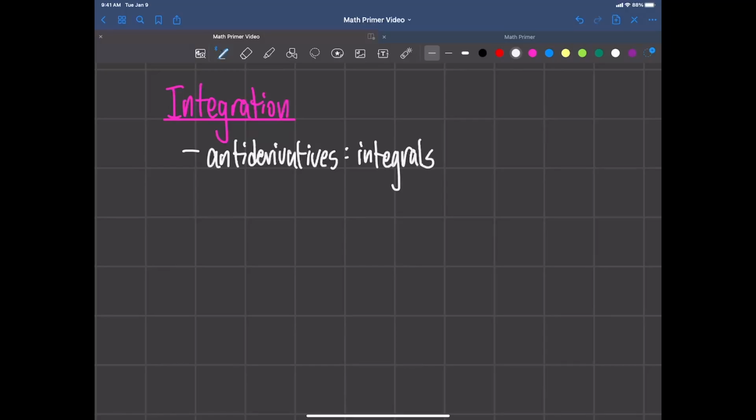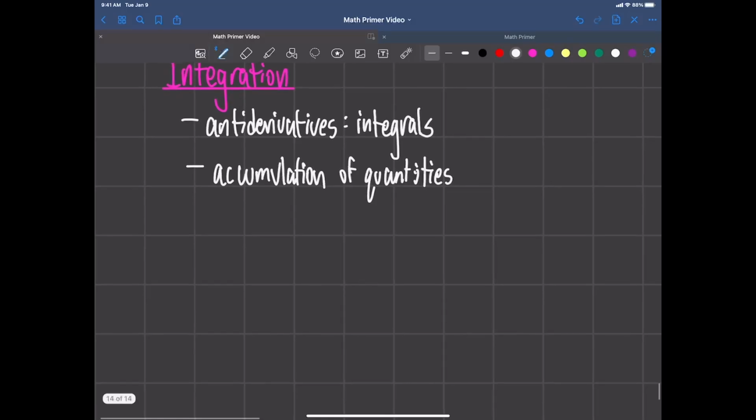While differentiation concerns finding the rate of change, integration focuses on the accumulation of quantities. Given the derivative f prime of x of a function f of x, integration allows us to describe the original function f of x, since we can invert the differentiation.